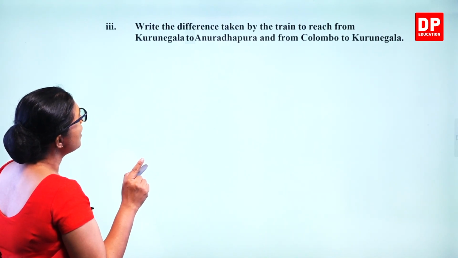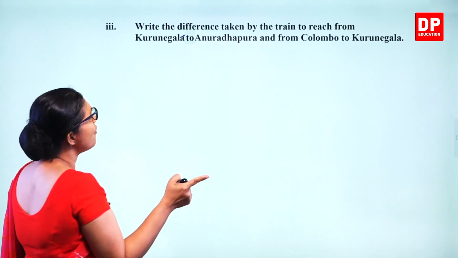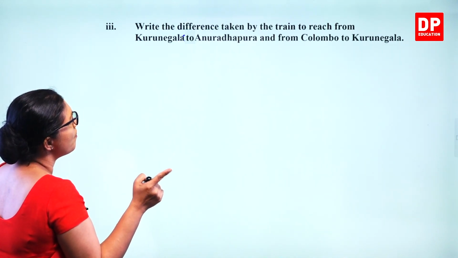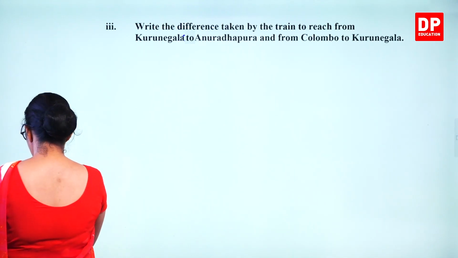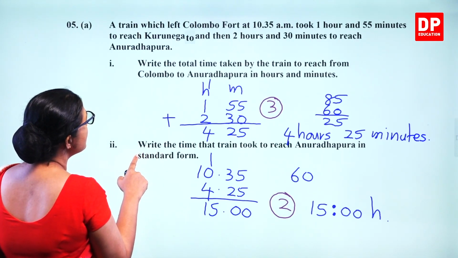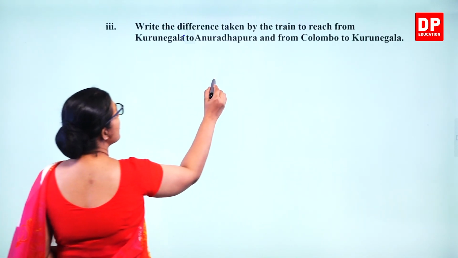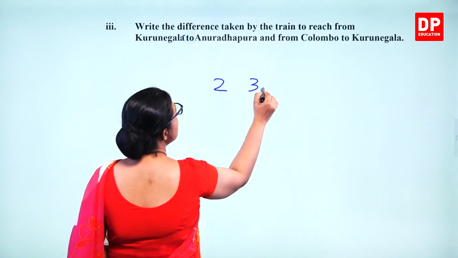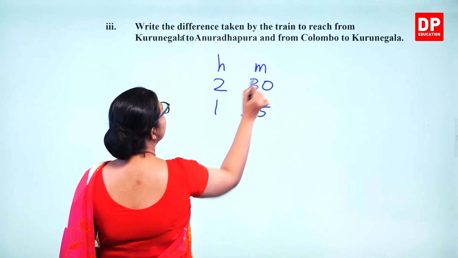Write the difference taken by the train to reach from Kurunegala to Anuradhapura and from Colombo to Kurunegala. So the difference. Which one is bigger? 2 hours and 30, and 1 hour 55. So you have to subtract. 2 hours 30 minus 1 hour 55.